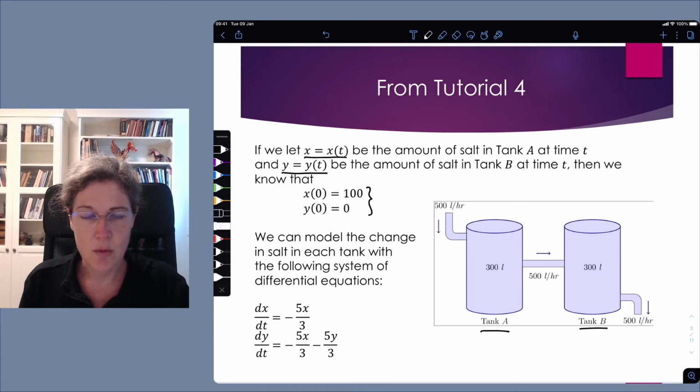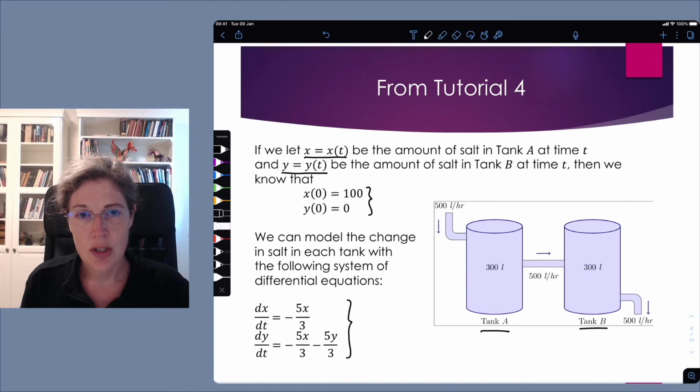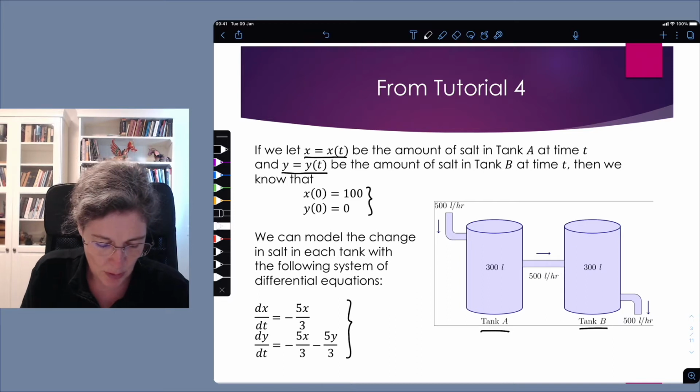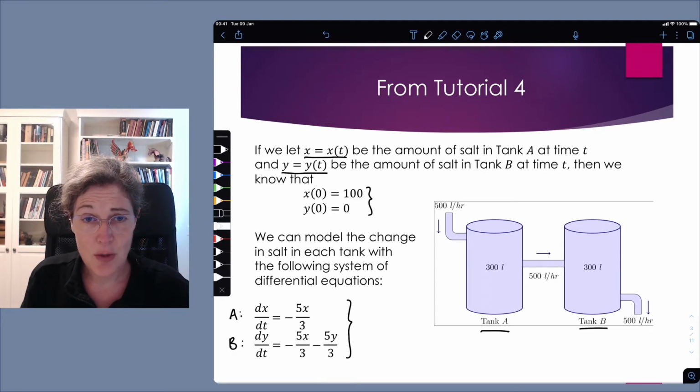And if you work through the tutorial, we came up with these two differential equations, which together model the rate of change of the amount of salt in the two tanks over time. So this equation tells us what's going on in tank A, and this tells us what's going on in tank B. This is the kind of situation that we'd like to solve.